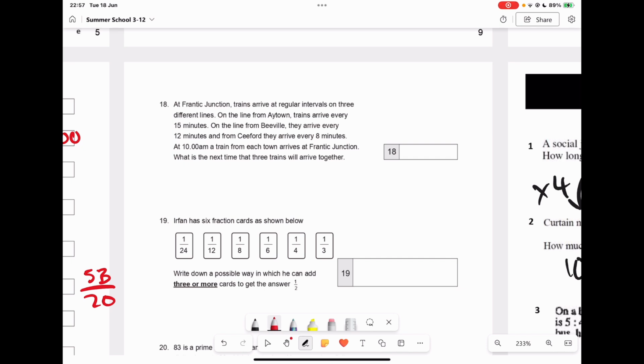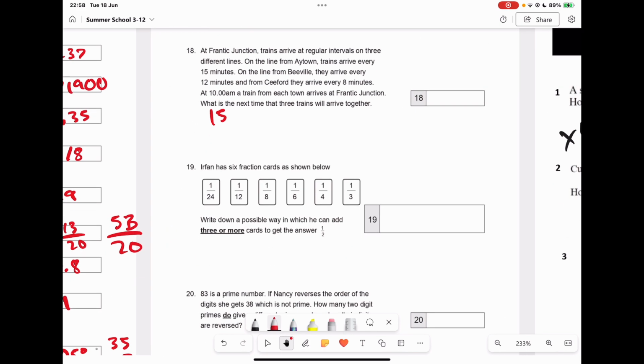So now we're looking for the lowest common multiple of 3 numbers, 12, 15, and 8. Considering that it's 15, they'll all end in 5 or 0. So we'll go 15, 30, 45. Now we can note which of these fall into a multiple of 8.